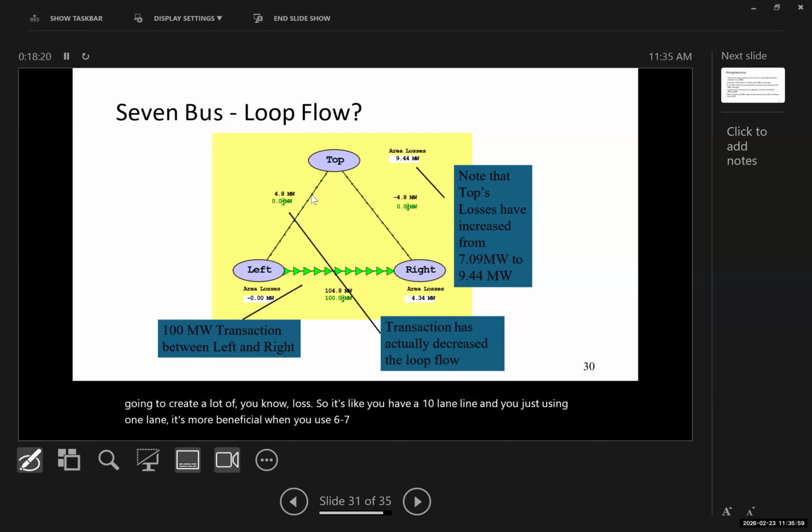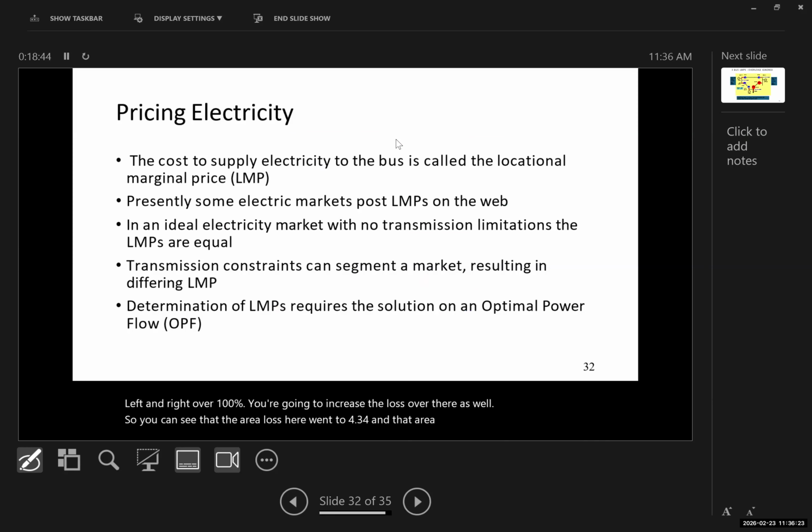It's going to be much more efficient. And on top of that, when you put extra pressure between left and right, or over 100%, you're going to increase the loss over there as well. So you can see that the area loss here went to 4.34, and the area loss went to 9.44.